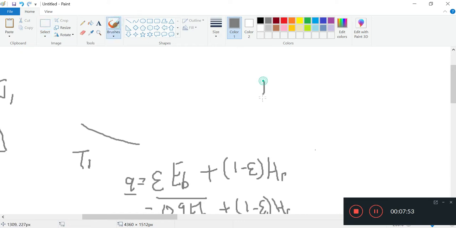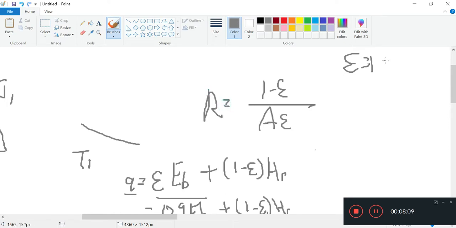That takes into account the surface resistance. So with high emissivity, let's say emissivity equals 1, what happens to this resistance? Emissivity equals 1 means the resistance goes to 0, because the numerator 1 minus 1 becomes 0, right?